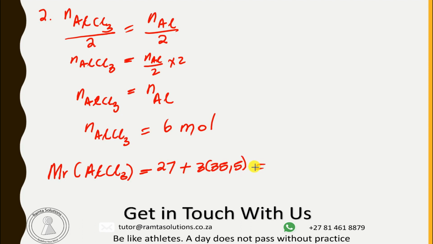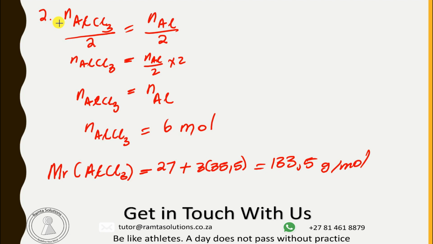Let's see. So we have 27 plus 3 into 35.5. This is 133.5 grams per mole. Right? This is 133.5 grams per mole.